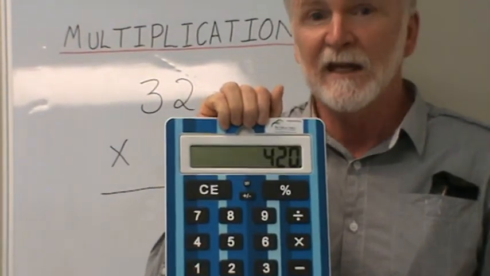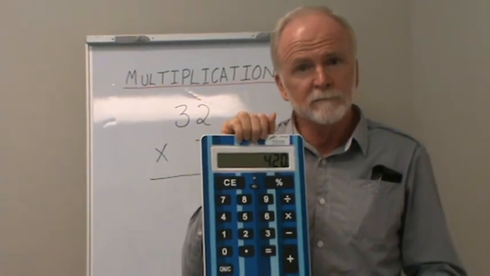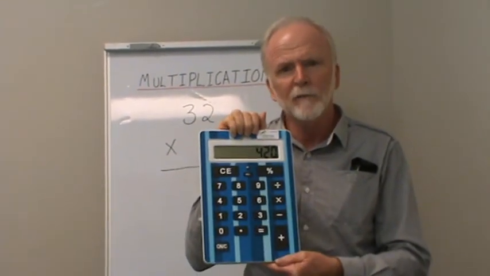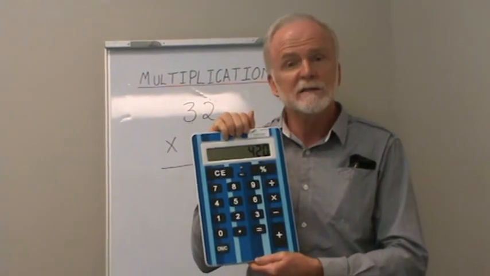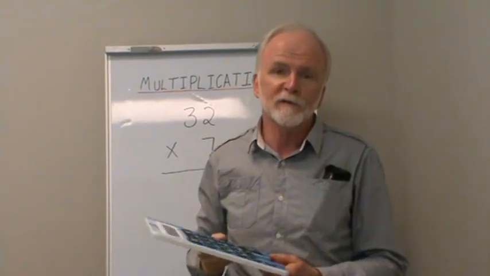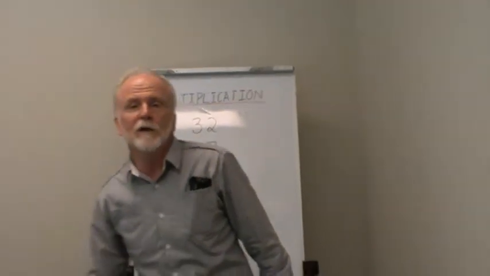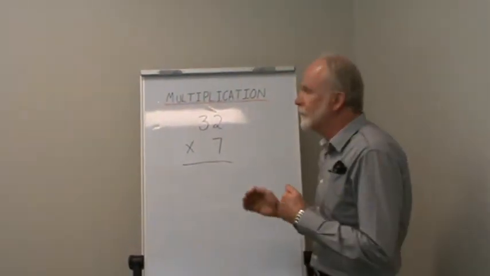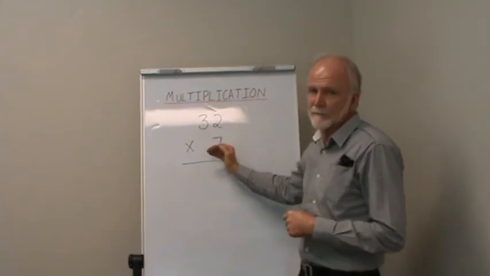Are there any tens numbers that you can multiply by a one-digit number that won't give that? Here's the calculator. Have a play around. Do as many different tens numbers as you can by one-digit numbers and see what answer you get. Of course we know that they will always get a 0 in the ones column, because that's what happens when you multiply tens by ones. It's important that the child knows that before they start this process.